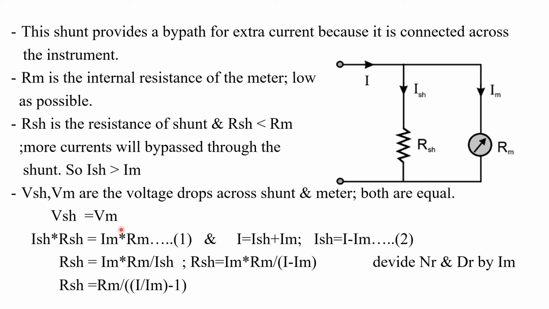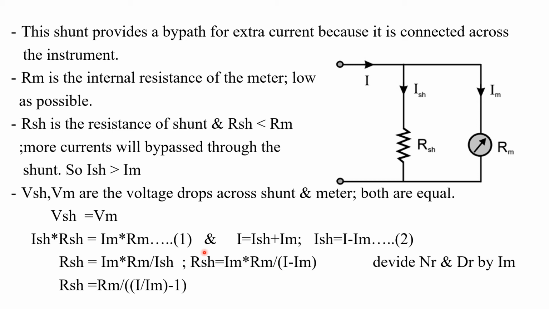And remember that I will be equal to ISH plus Im. From here we can write ISH is equal to I minus Im.